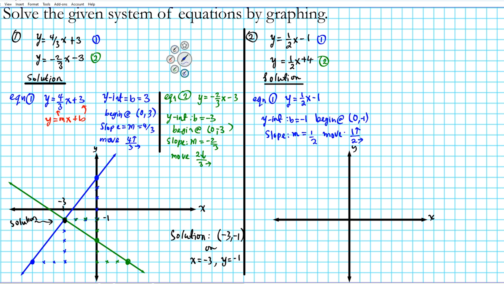So for the first one, you're going to begin at 0, negative 1. So that goes your first point. And then you're going to rise 1, run 2. Rise 1, run 2. Or fall 1 back up 2.